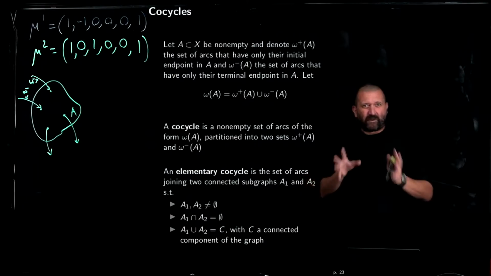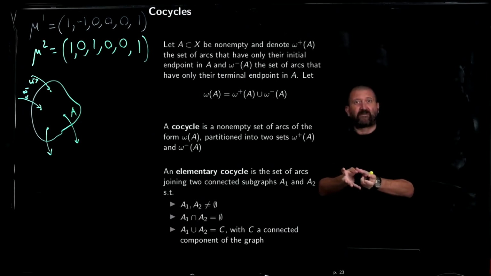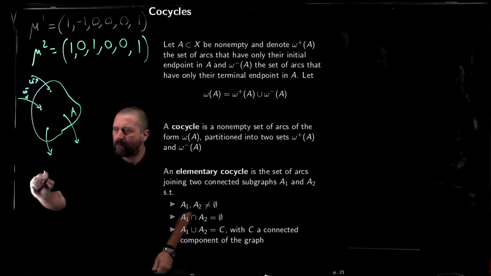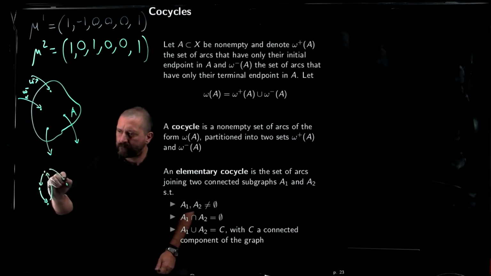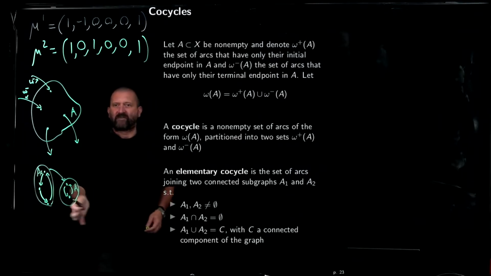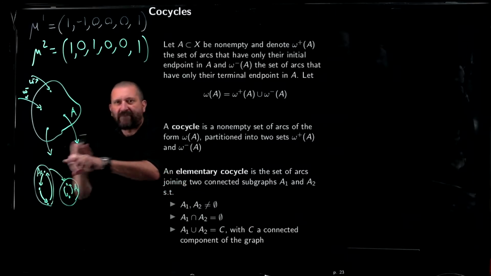Okay, so remember that a subgraph is a graph that I obtain by taking a subset of vertices. If I have a graph, and I call this A1, say, and this A2, then the subgraphs A1 and A2, I would forget this guy here.